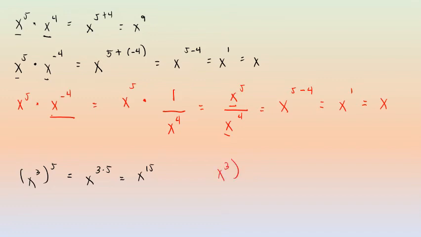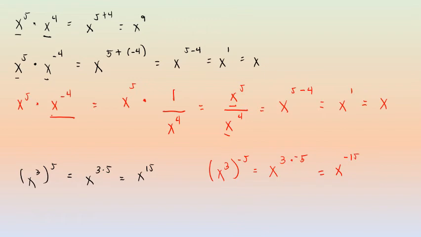We have x cubed raised to negative 5. So we have here a base raised to an exponent being raised to another exponent. So, simple lang, ganun pa din, power of a power rule, copy the base and multiply our exponents. So, x raised to 3 times negative 5, this should give us x raised to negative 15.